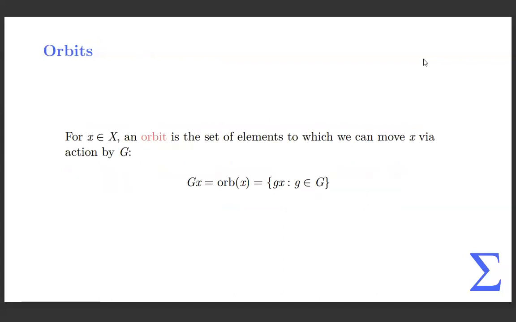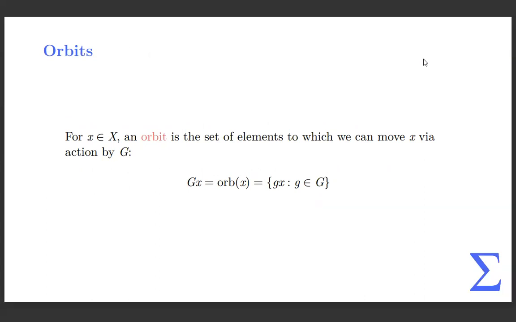What's an orbit? An orbit is the set of elements to which you can move X via action by G. Right? So basically, if you take G and X, it's just all the Gx. Orbit sounds fancy. It just means this is where X would go if I operated on it with every element of G. Right?